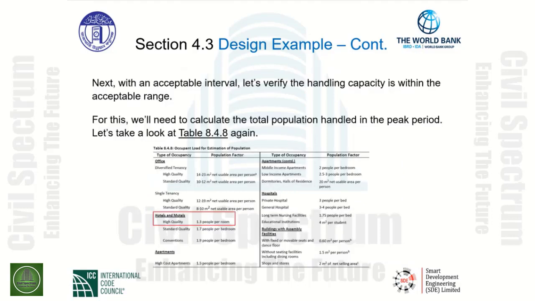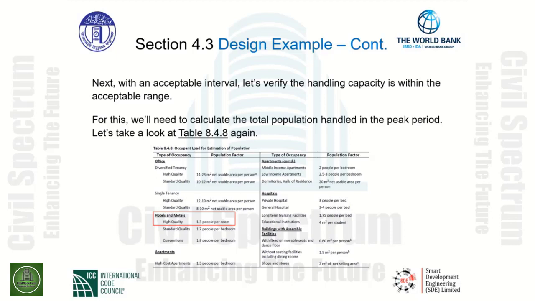Next, with an acceptable interval, let's verify the handling capacity is within the acceptable range. For this, we'll need to calculate the total population handled in the peak period. Let's take a look at Table 8.4.8 again. This table, again titled Occupant Load for Estimation of Population, gives us the type of occupancy and the population factor.